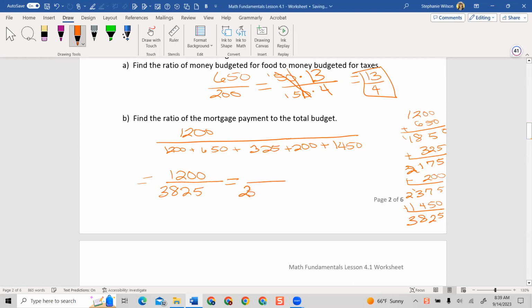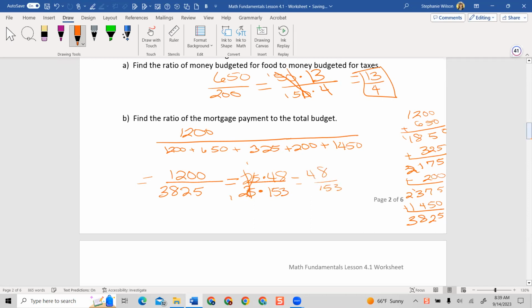So if I do that, it's going to be 25 times 153. Now the 1,200 divided by 25, we know there's 4 25s in 100, and there is 1,200 here of them. So there's 12 of the hundreds. It's going to be 25 times 48. 25 reduces. Now I got 48 over 153.